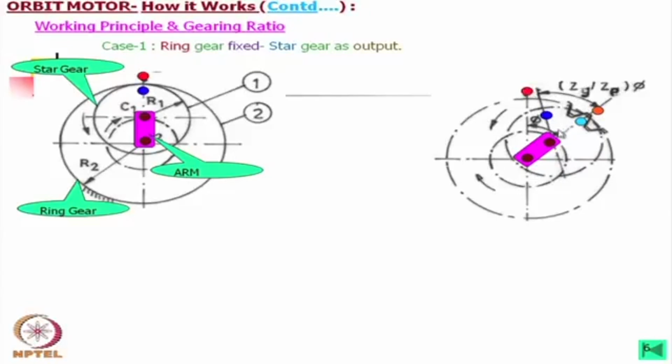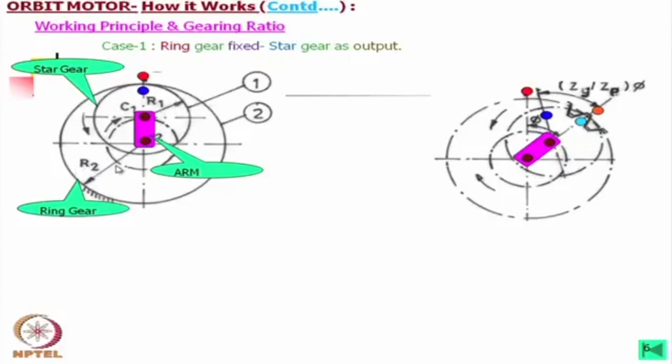This means that this gear is again rotating in the opposite, anti-clockwise direction by the same angle. The inner one has to rotate by this much angle. What is that? This is Zg by Zp, which is equivalent to their radii R2 and R1.